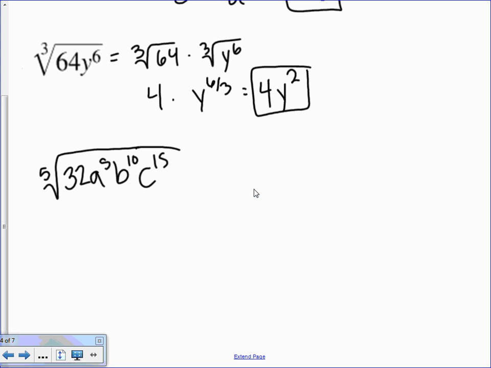Since I added more letters, you have to break it up into more radicals, right?